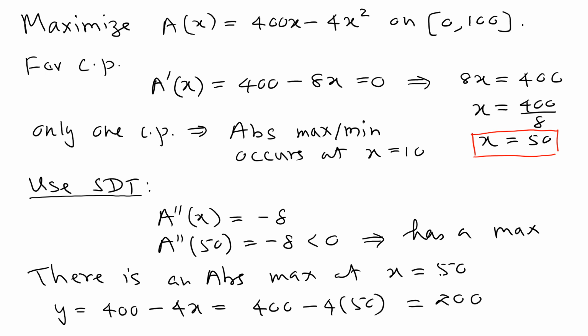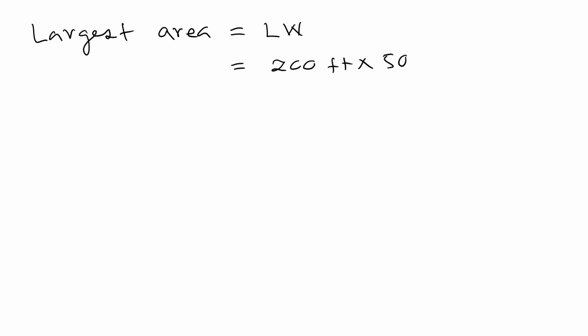When the width is 50 and the length is 200, you're going to get the largest possible area. Since we know the length and the width, just multiply the two numbers. Largest area equals length times width, so 200 feet times 50 feet gives 10,000 square feet as the largest possible area.